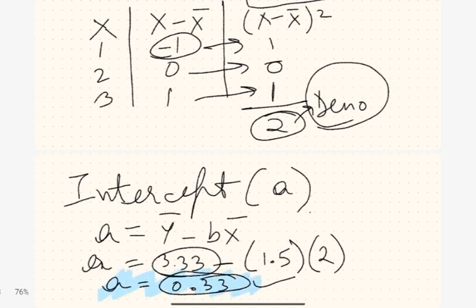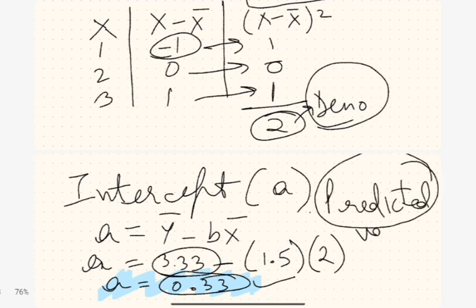Why do we use that equation? To find out the predicted values. We are going to predict the marks secured by students depending on the study hours which they put.